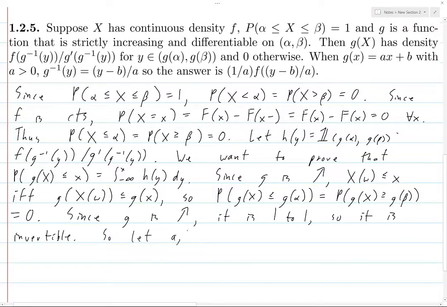So let a and b be real numbers, because g is assumed to be a real function. It doesn't specify it, but for g to be strictly increasing and differentiable, that implies g has to be a function from R to R. So a and b are real numbers such that g of alpha is strictly less than a, is strictly less than b, is strictly less than g of beta.